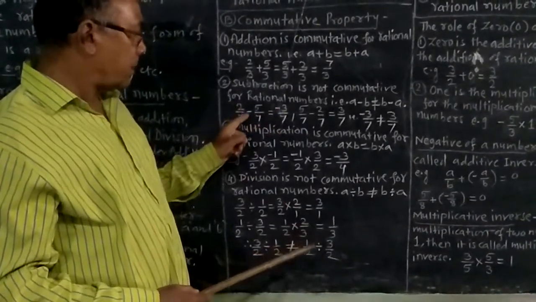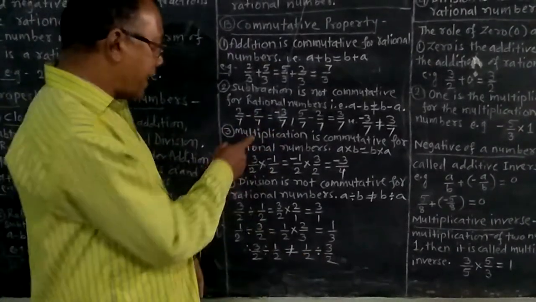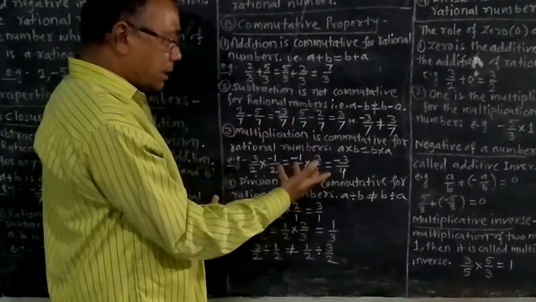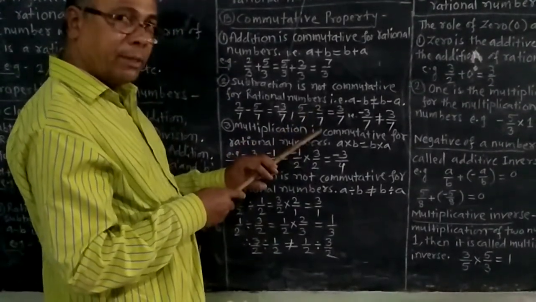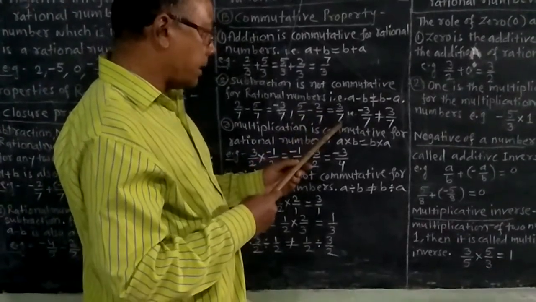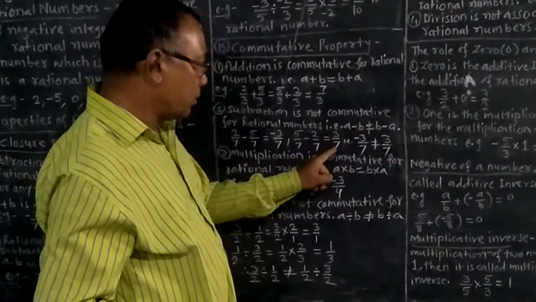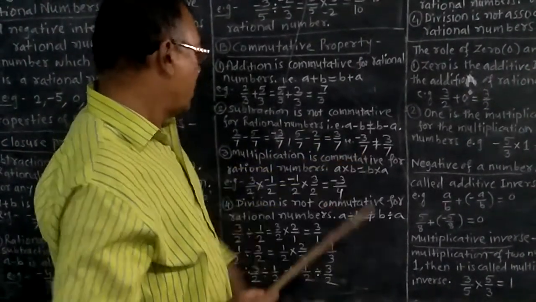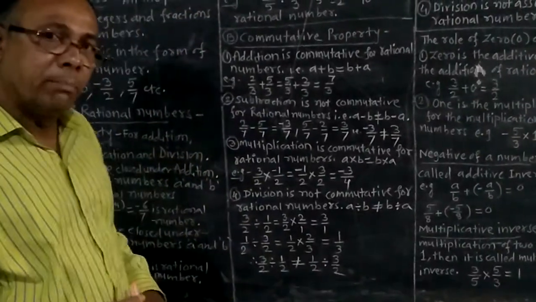So 2 upon 7 minus 5 upon 7 is equal to minus 3 upon 7. Similarly, we have to write these two numbers in reverse form, that is 5 upon 7 minus 2 upon 7. So 5 minus 2 will be 3 upon 7, and in this way minus 3 upon 7 is not equal to 3 upon 7, and therefore we can say that subtraction is not commutative for rational numbers.